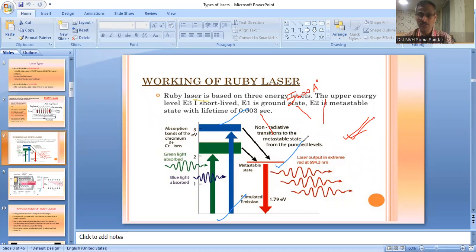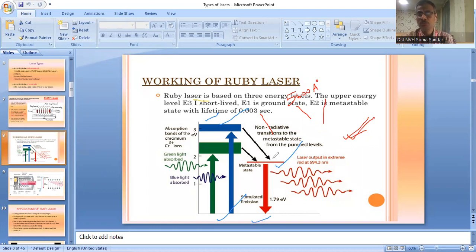In a ruby rod, there is a metastable state with a longer lifetime of the order of 3 into 10 power minus 3 seconds. So this is the energy band diagram of a ruby laser, with the ground state, excited state, and metastable state.